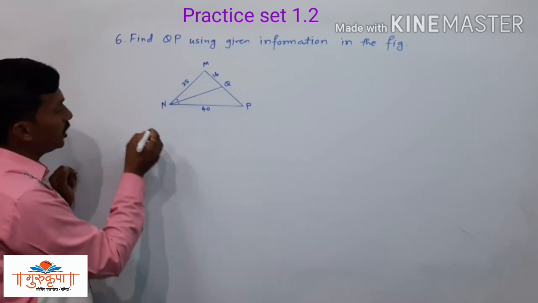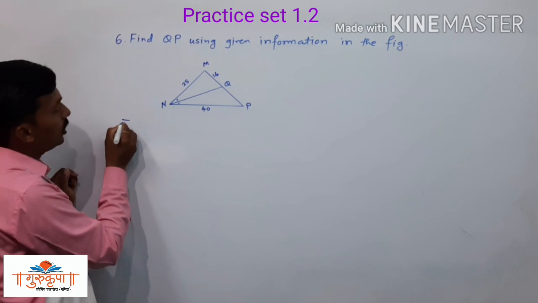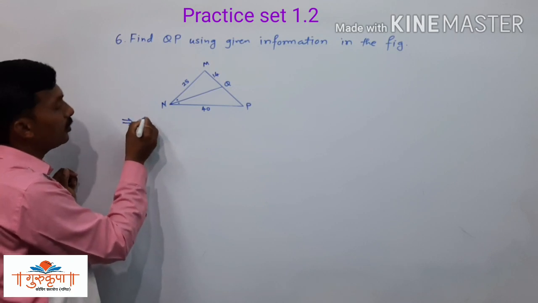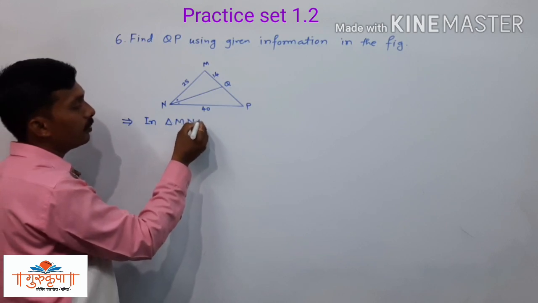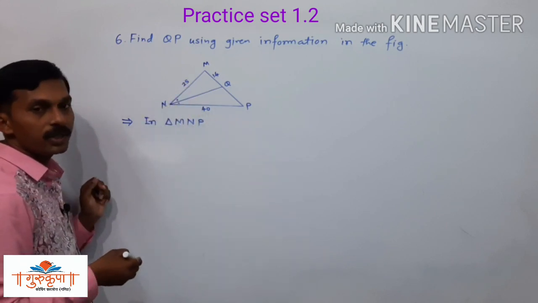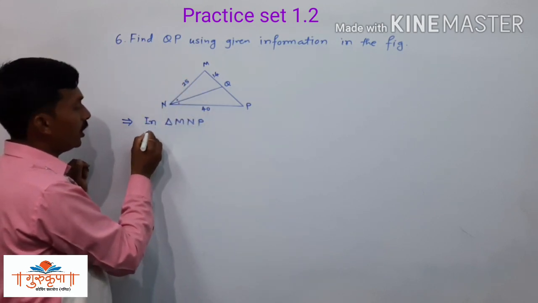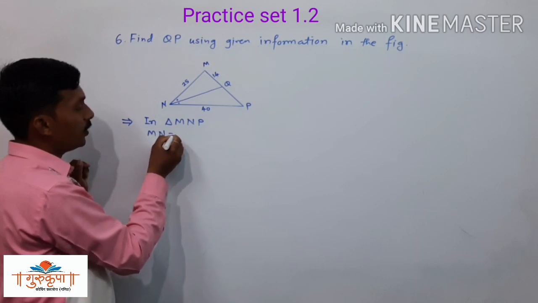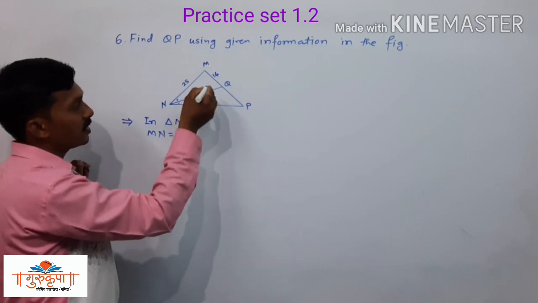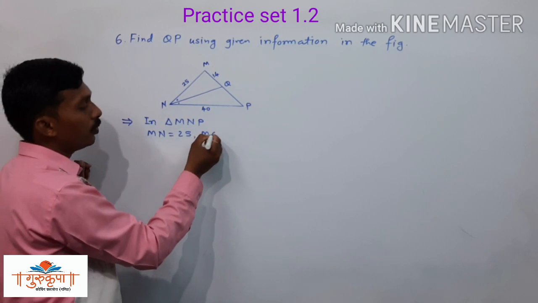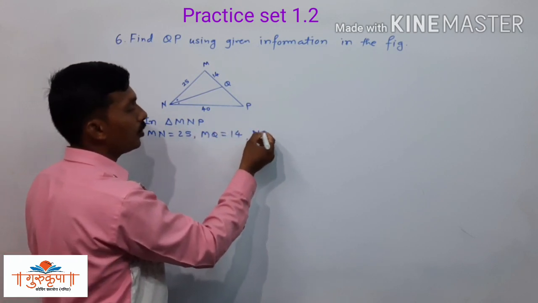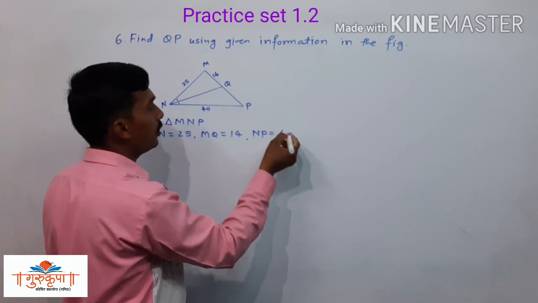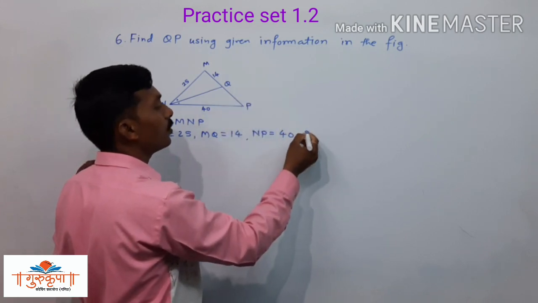So first we will write the information which we have available here in triangle MNP. In triangle MNP we will first write the measurements which we have available here, that is MN is equals to 25 units, MQ is equal to 14 units, we have NP is equal to 40 units, and we have to find PQ.